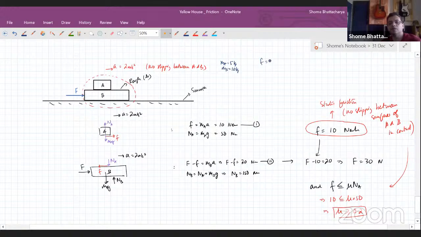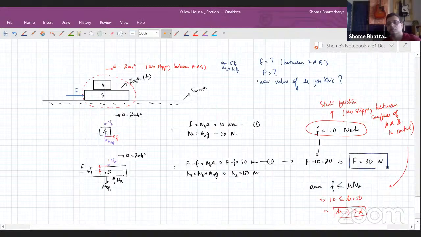We wanted to calculate the friction between A and B, the amount of external force we are applying in newtons, and the minimum value of mu for this situation. Okay. So here is the answer to each of these. This is the friction, this is the force we are applying, and this is the minimum coefficient of friction, 0.2.